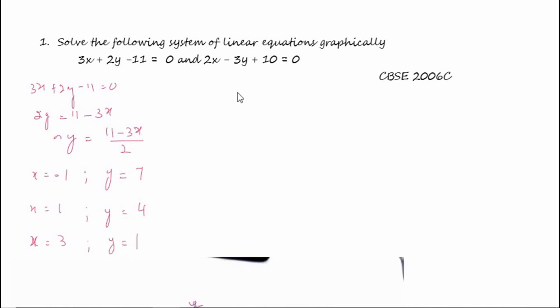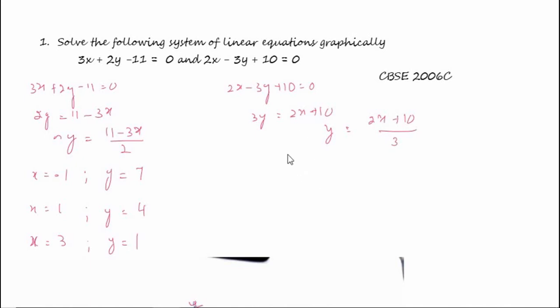Now let us take the other equation: 2x minus 3y plus 10 equal to 0. Therefore 3y equal to 2x plus 10, or y equal to (2x plus 10) divided by 3.